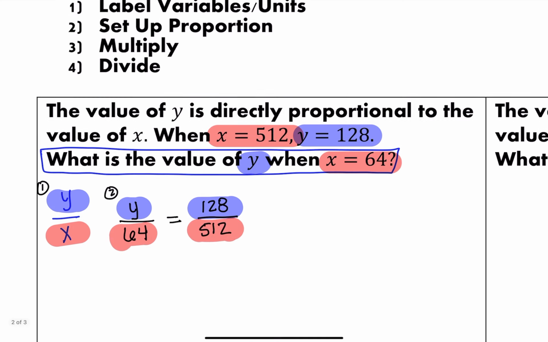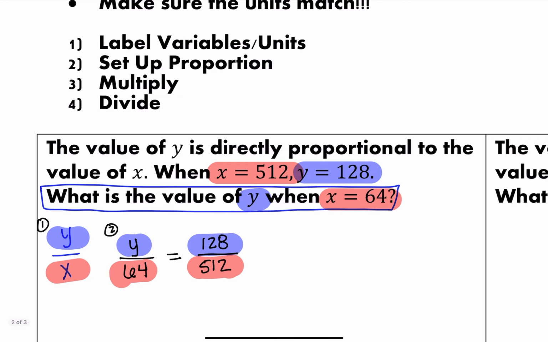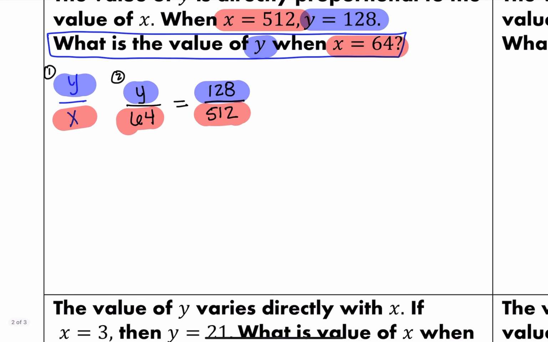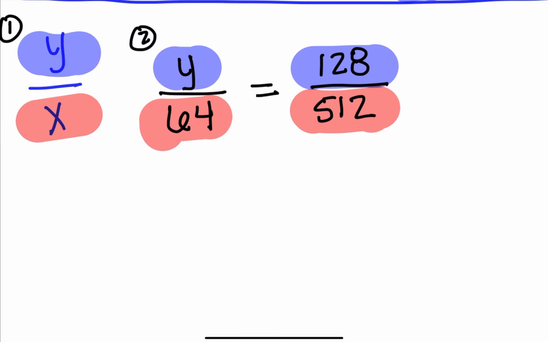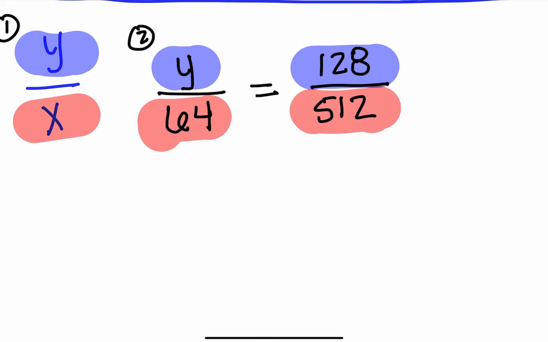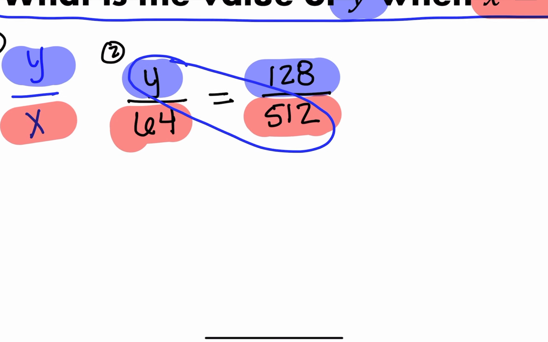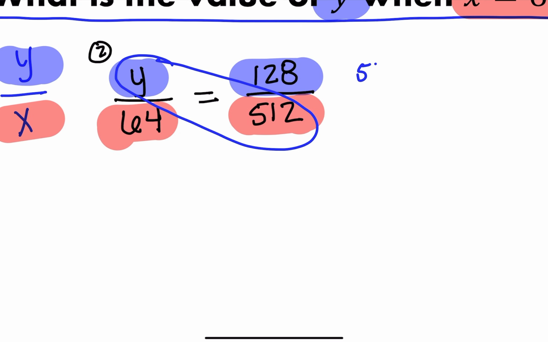Step 3 is going to be multiply. Now, this has probably been taught to you in the past as far as butterfly method, but in high school we don't say that, we just say multiply. So I am going to multiply y times 512. Well, 512 times y is just 512y. This is step 3.